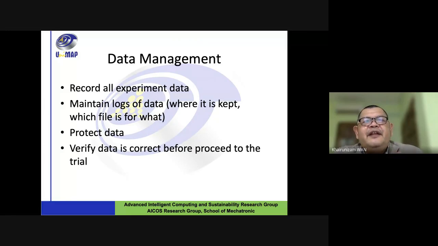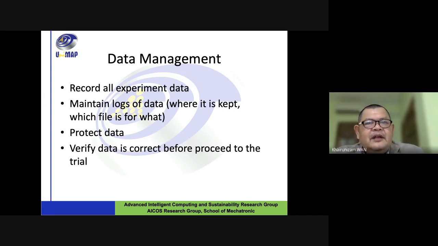This last one is interesting, because why? For example, you have to collect data for 10 subjects. Now it is the turn of the first subject, and one subject needs to do 20 trials.